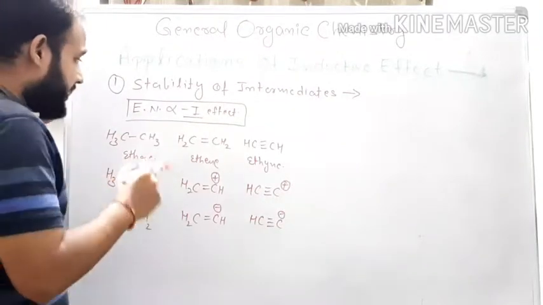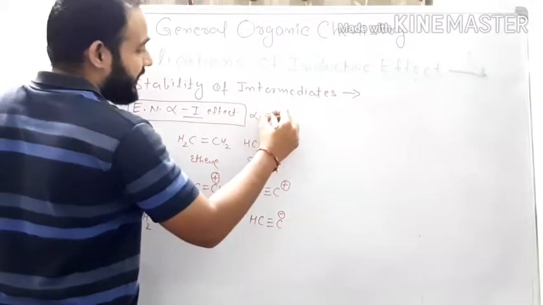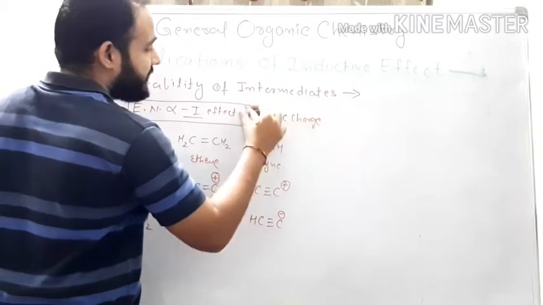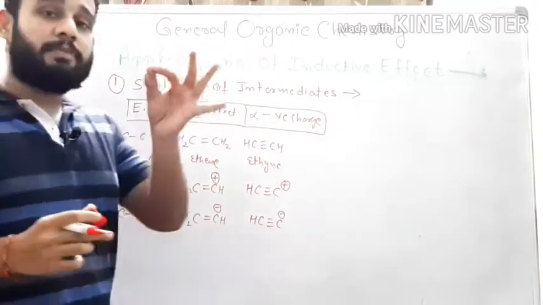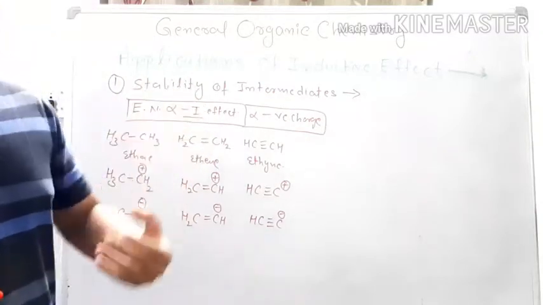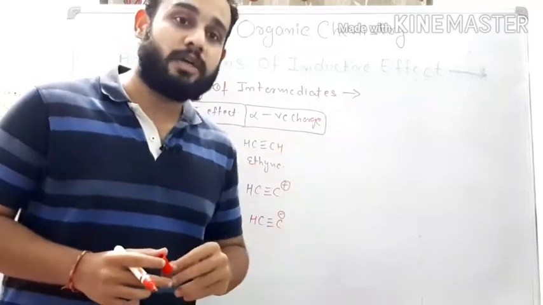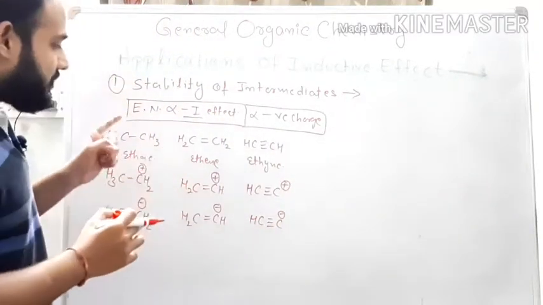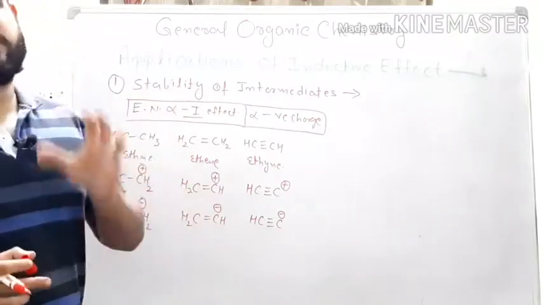Okay, and a more electronegative atom will possess negative charge. You also know that a more electronegative element will possess negative charge, and a more electropositive atom will possess positive charge. So here you must find what ion possesses positive charge strongly and what ion possesses negative charge strongly.